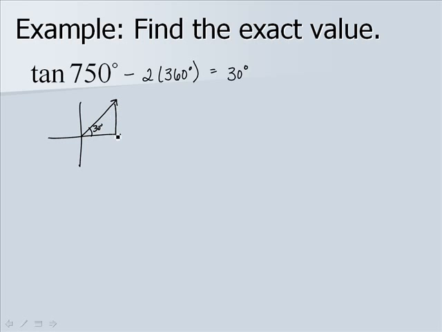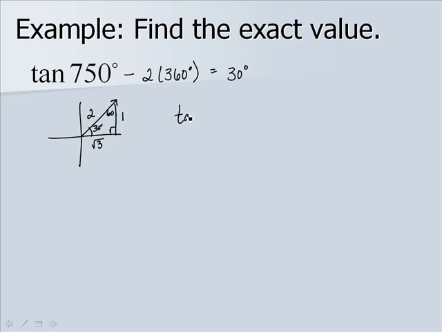so we see that we end up with a triangle of 30, 60, 90. So our sides will be 1 across from angle 30, square root of 3 across from angle 60, and 2 across from our 90 degree angle. And all the signs are positive since we're in quadrant 1.